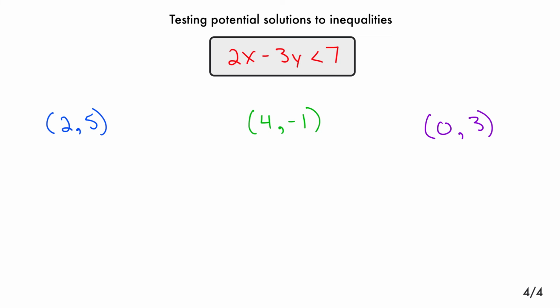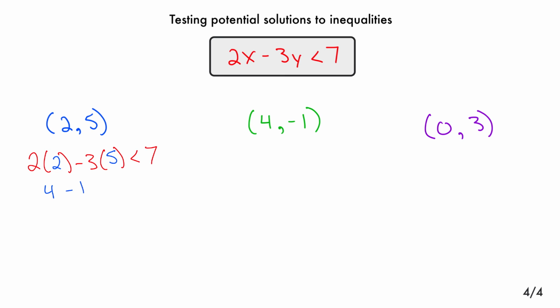So for problem number 1, I have 2 comma 5. That means it's going to be 2 times my x value, which is 2, minus 3 times my y value, which is 5, is less than 7. I'm just going to simplify this. 2 times 2 is 4.